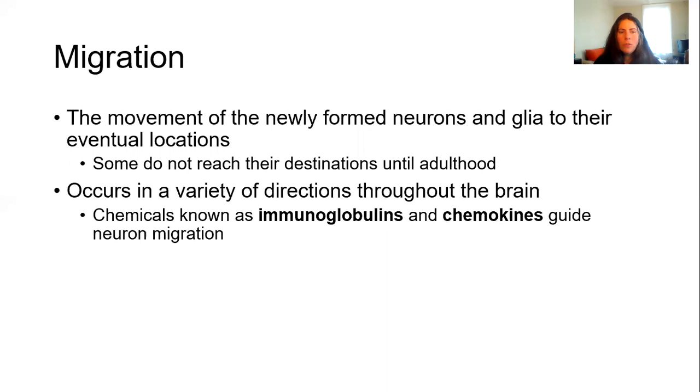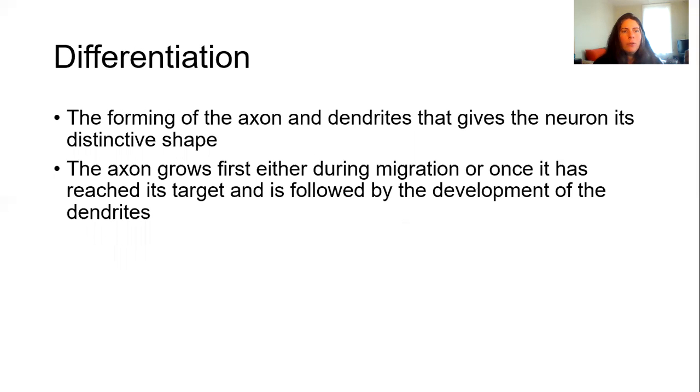Motor neurons develop early on as well. So migration occurs in a variety of directions throughout the brain, and chemicals work to direct the migration of neurons. Chemicals such as immunoglobulins and chemokines are going to guide the movement.